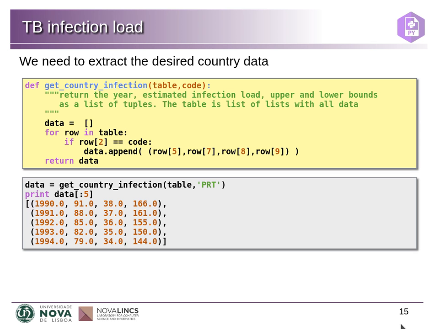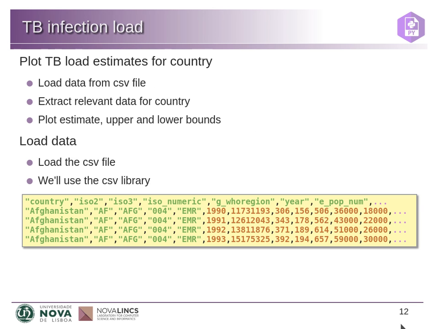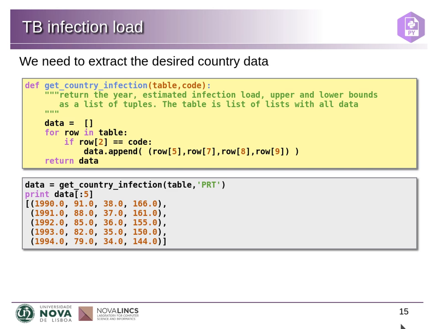So if we look at the third element of row, so this is index number 0, index number 1, index number 2, this is the three-letter code for the country, and this is the one this function expects. So we look at the three-letter code for the country, and if it's the same as the code the function was supplied, then we will append to this list the values of year, average, and lower and upper bounds for the infection.